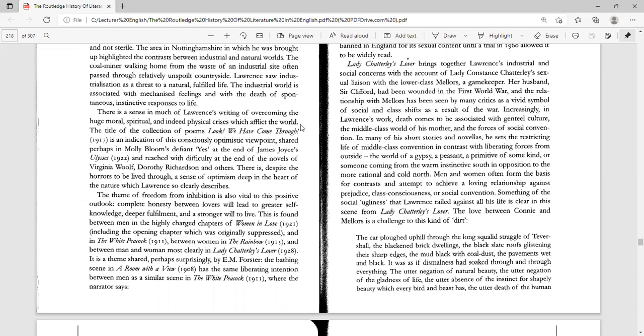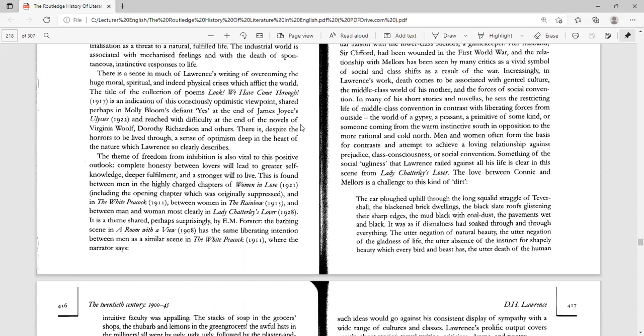Lady Chatterley's Lover is not only a novel about sexual fantasies, but it is about class conflict, because her lover is the gatekeeper.